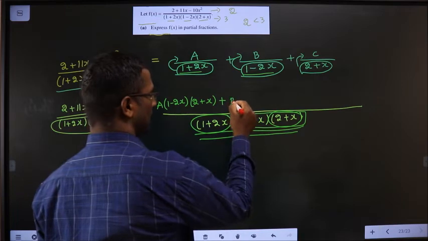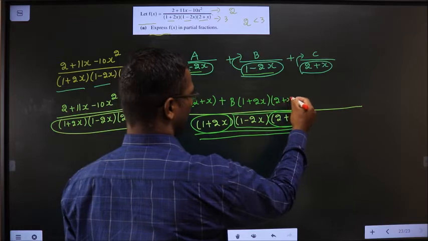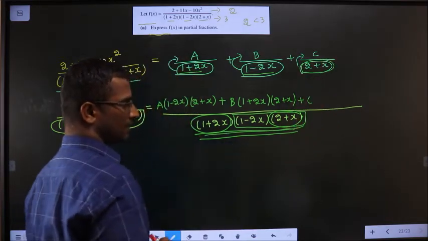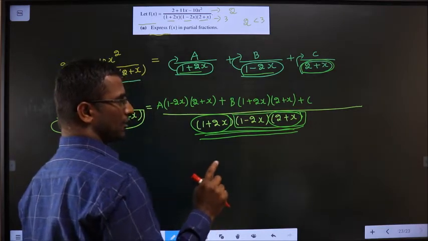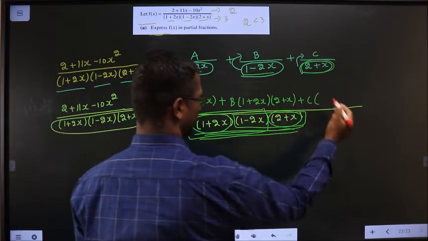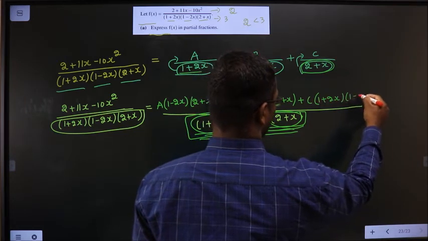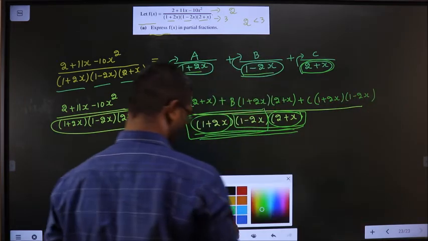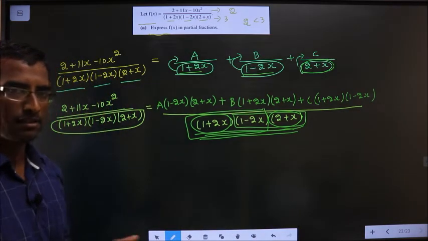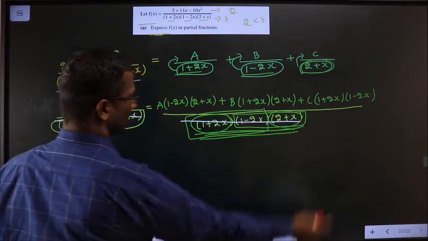Thus it will become b times 1 plus 2x times 2 plus x. Now 2 plus x should become this entire thing. That could only happen if I multiply denominator and numerator with this one. So it is c times 1 plus 2x and 1 minus 2x. Clear with this step?